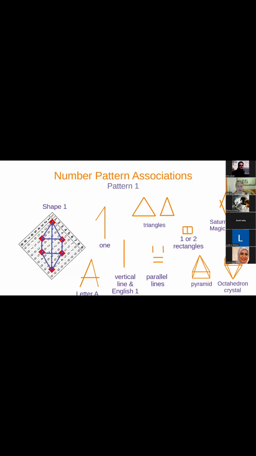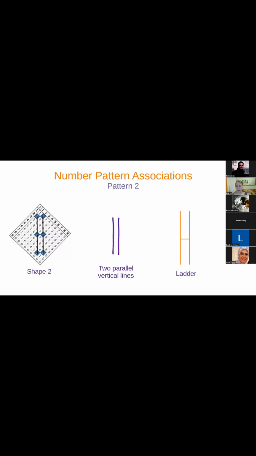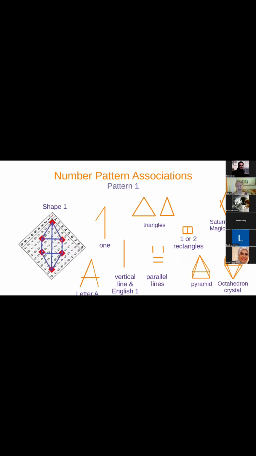You see the letter A when you connect these 2 points and this. You see parallel lines in these ways. We see a triangle on top, a triangle on the bottom. We see a pyramid when we fill all the lines. And we see an octahedron or crystal. We also see a rectangle, and the Saturn magic square related to Earth.